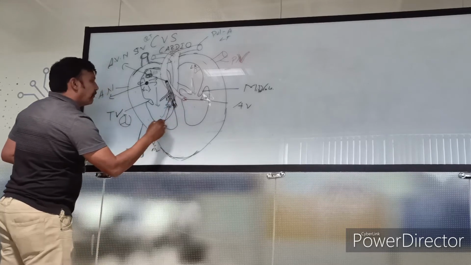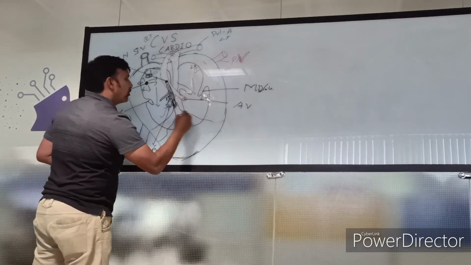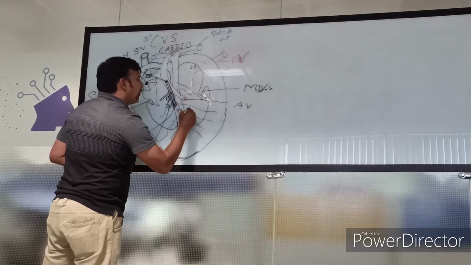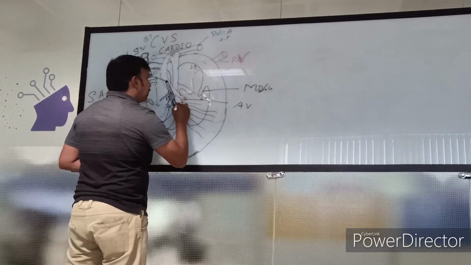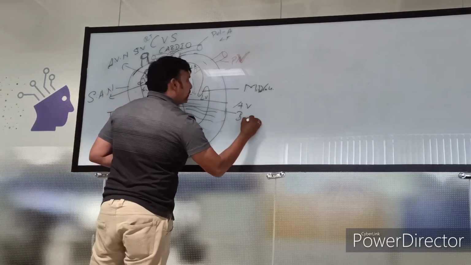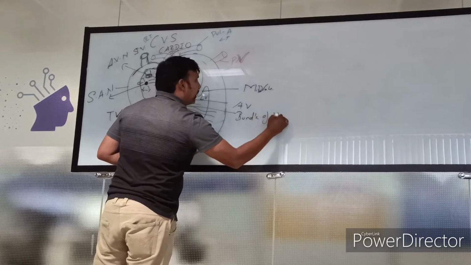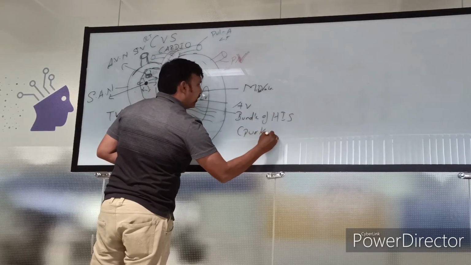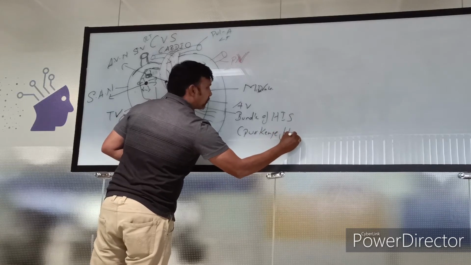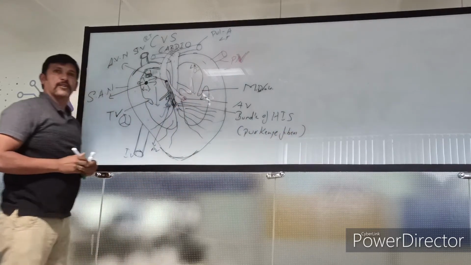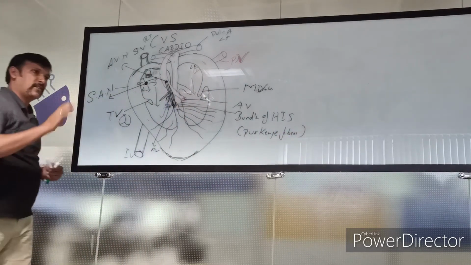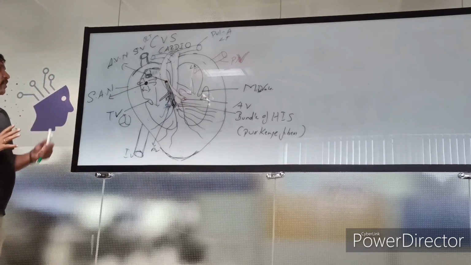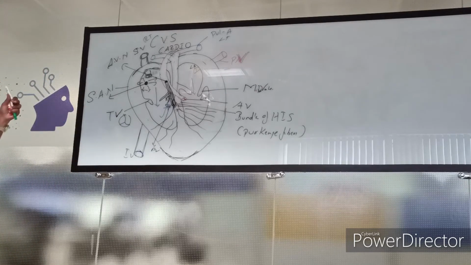That node goes down, imagine that, into branches, and gives out to the muscles as fibers. This is known as the bundle of His, also known as Purkinje fibers. Now what happens? Imagine this. The sinoatrial node generates an impulse and pauses.